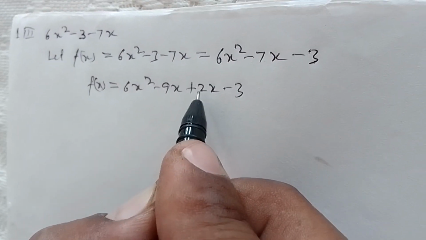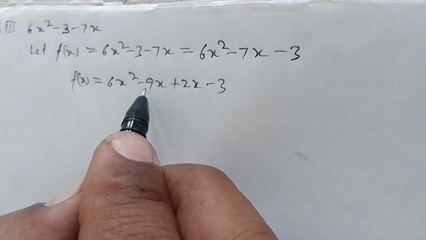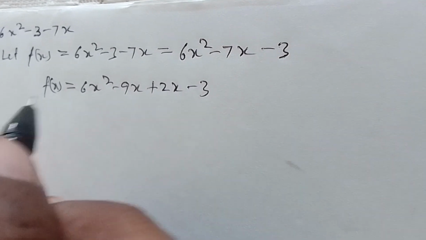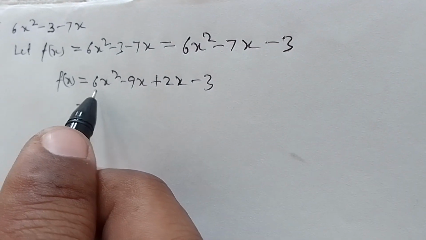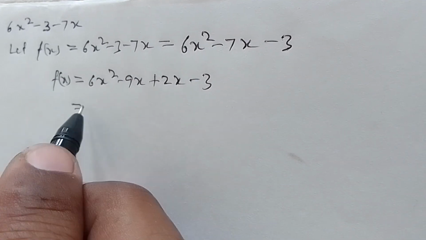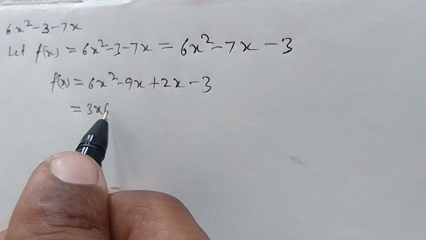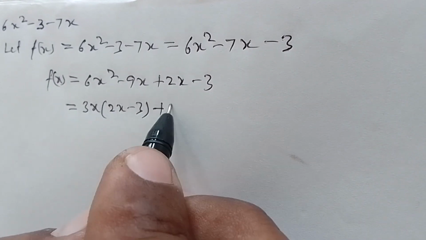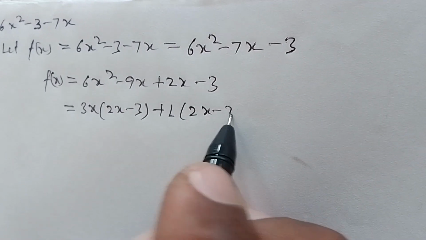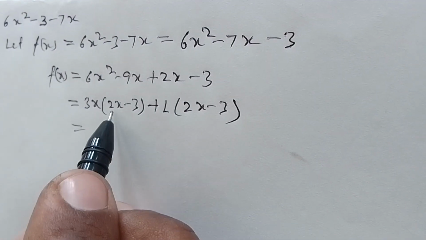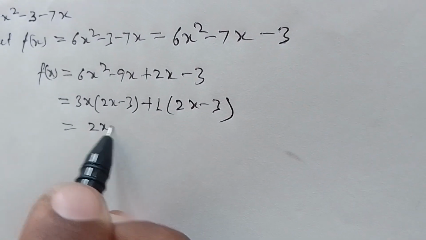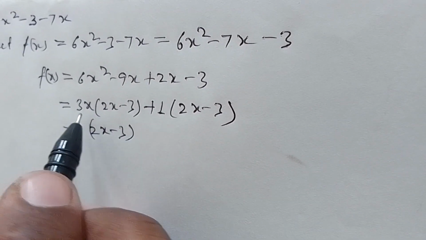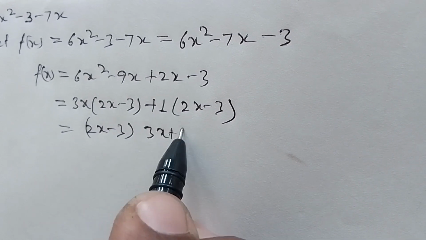So 9 multiplied by 2 comes out to be 18, and minus 9x plus 2x comes out to be minus 7x. Further, taking 3x common from the first two terms, 3x outside, it becomes 2x minus 3, again taking 1 common, it again becomes 2x minus 3. Now the bracket terms become one term and the terms outside the bracket make the second term, 3x plus 1.